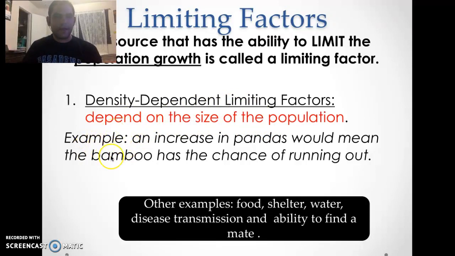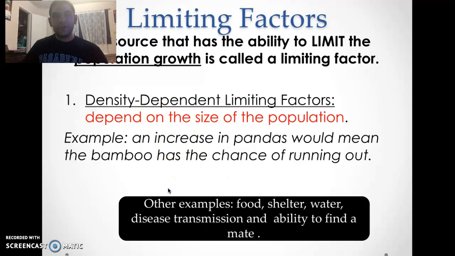So an example of that would be if there's an increase in the pandas, it will mean that the bamboo has a chance of running out. So if the population is increasing, that means that there's going to be less and less and less bamboo. And there can be other types of examples, like for example space.